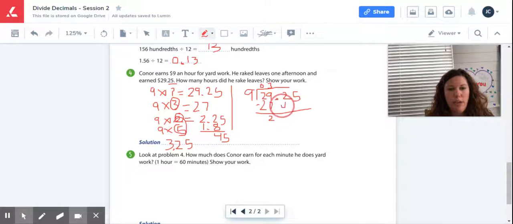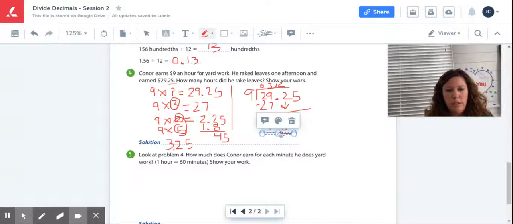And then I'm gonna bring down my 2 here. And I do have a decimal here, so my decimal is gonna go straight up. I know that looks like a line, but that's supposed to be a decimal. And then 9 goes into 22 2 times, and that's 18. And we're gonna subtract. And we get, if I cross that out, that becomes a 1. And that becomes a 12.